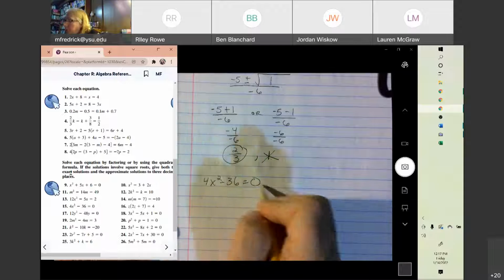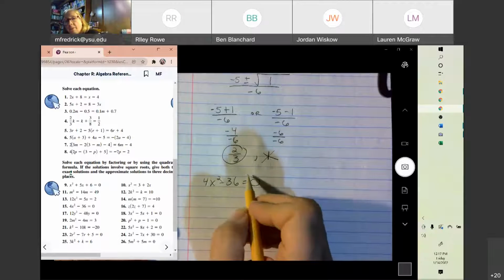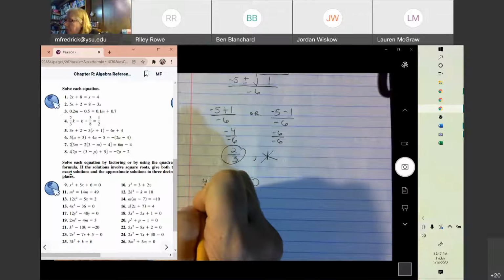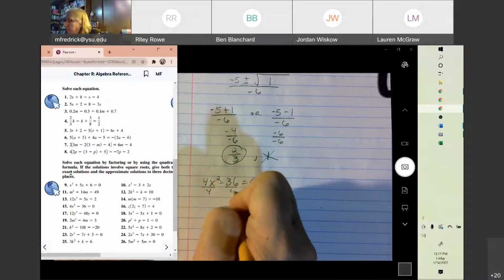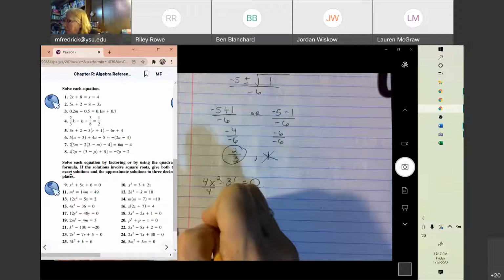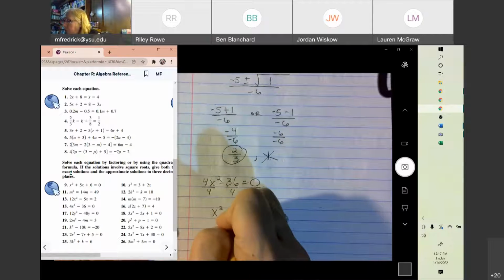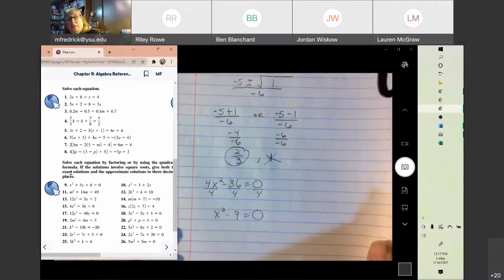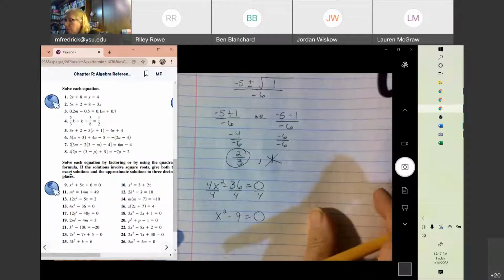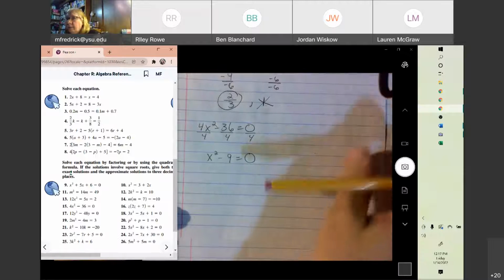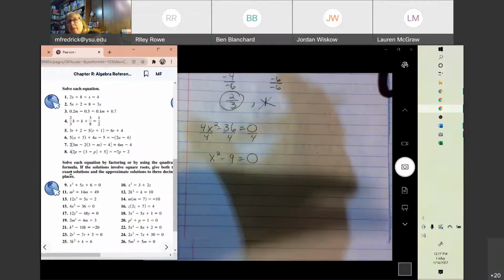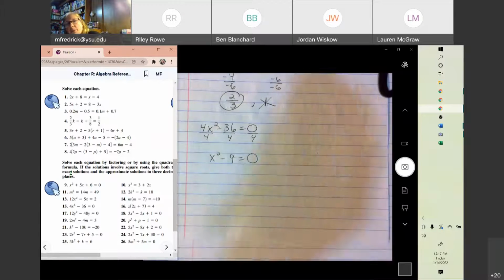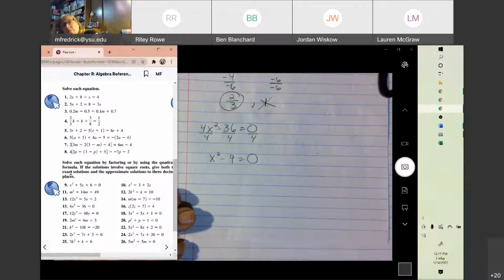First, notice we can divide by 4. So when you have an equal sign and there's a number in front, if you can divide it out, it's nice because it makes your number smaller. So anytime you're solving and you have large numbers in your equation, if you can divide everything by a number evenly, then you can divide it out.